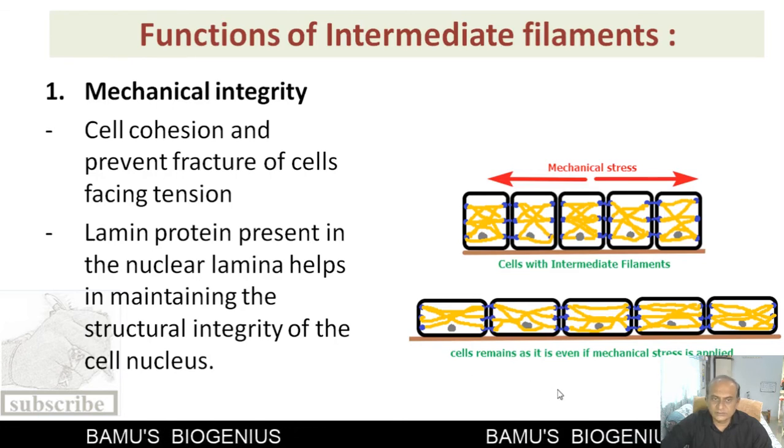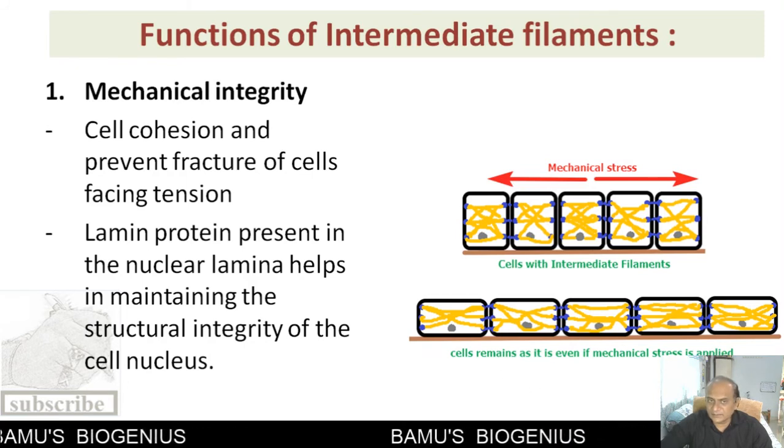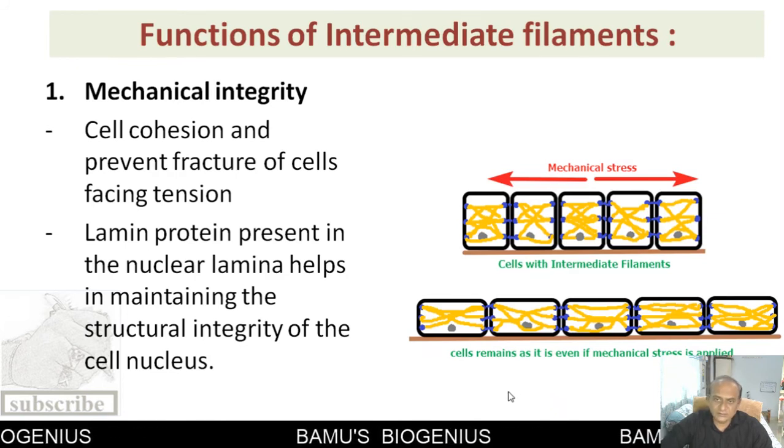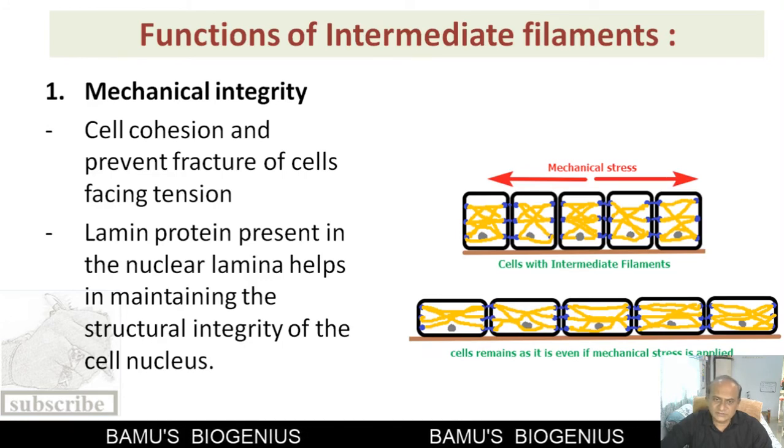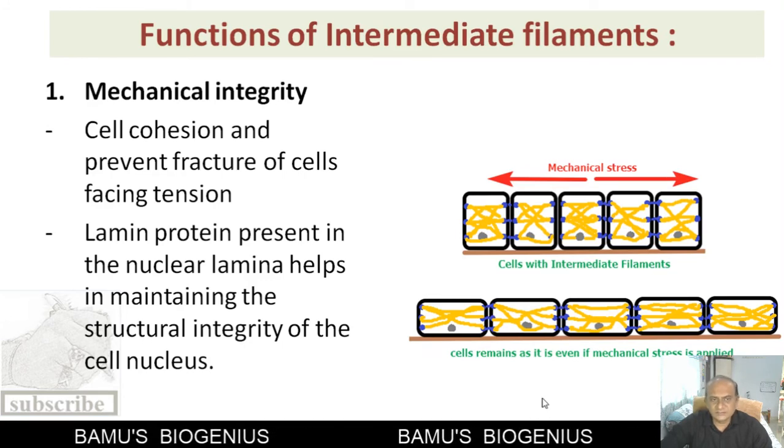So this is how the intermediate filaments maintain the mechanical integrity of the cells. In case of the nucleus, the lamin proteins are involved in the formation of intermediate filaments, and these maintain the structural integrity of the cell nucleus.